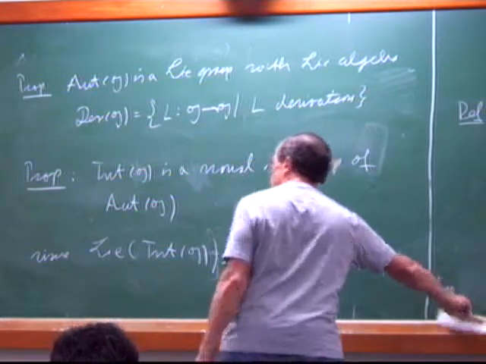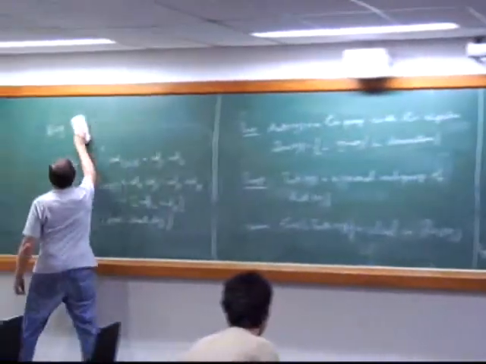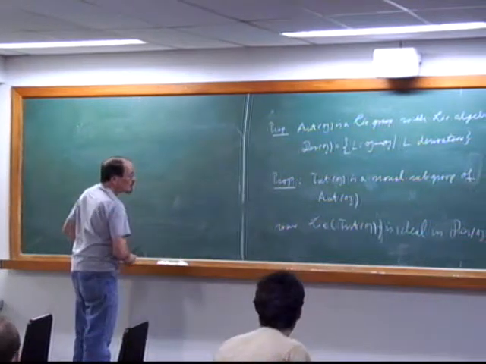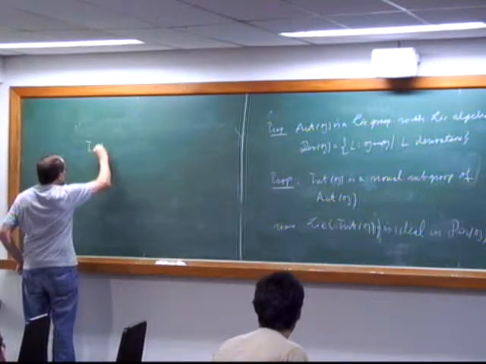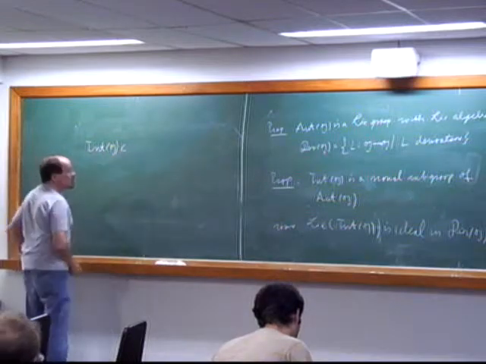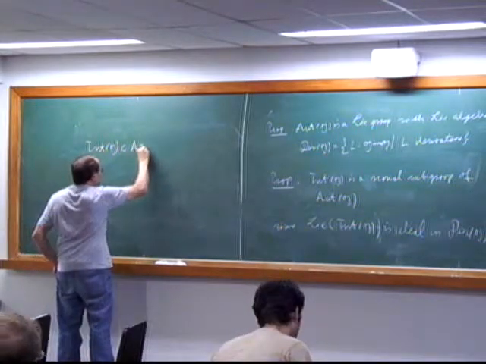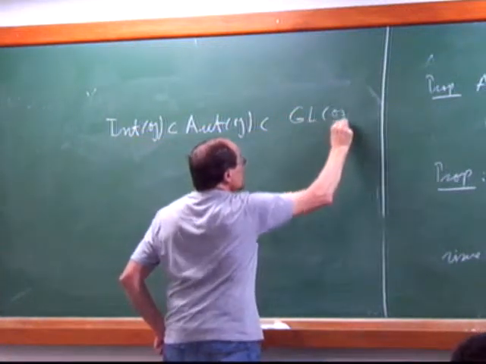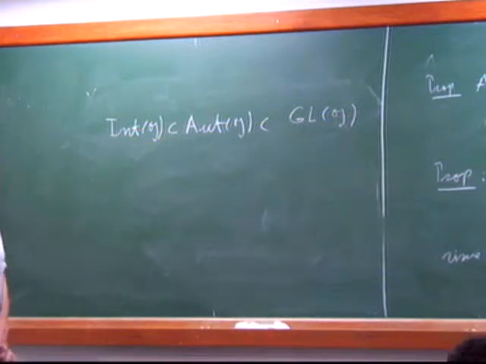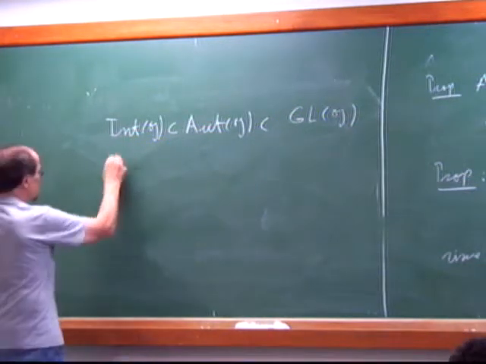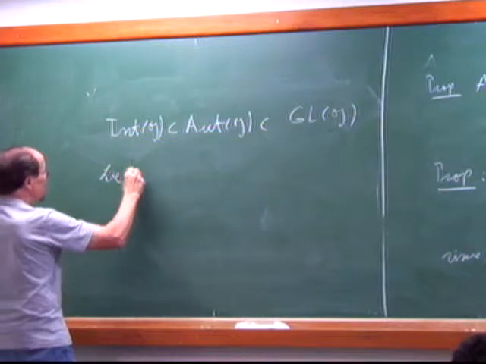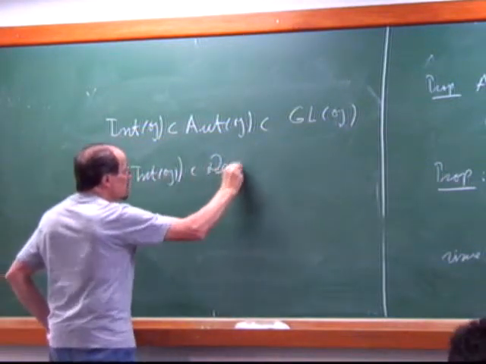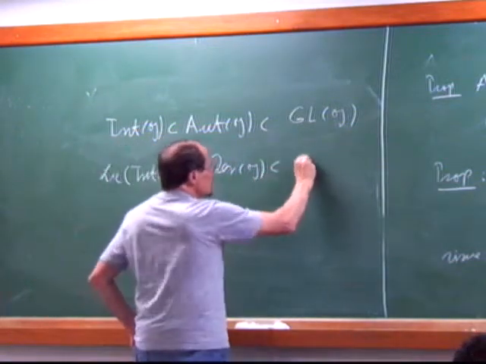So we have a sequence of Lie groups, and we summarize this over here. We have int G contained in the automorphisms of G contained in GL(g). Right, that's a sequence of Lie subgroups now with corresponding Lie algebras. So let me again denote this on the blackboard by Lie int containing derivations of G contained in the Lie algebra of GL(g).